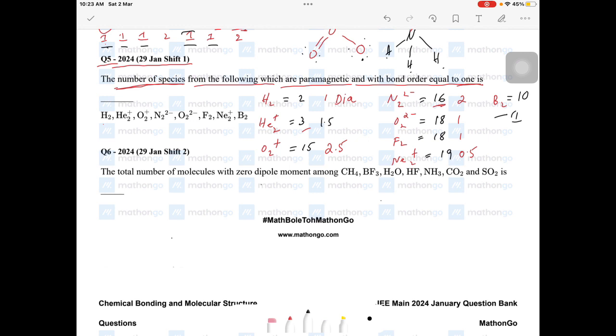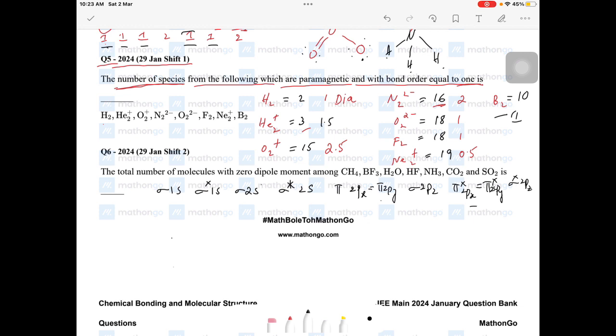Take the electronic configuration: sigma 1s, sigma star 1s, sigma 2s, sigma star 2s, sigma 2p, pi 2px, pi 2py, sigma 2pz, pi star 2px equal to pi star 2py, sigma star 2pz.